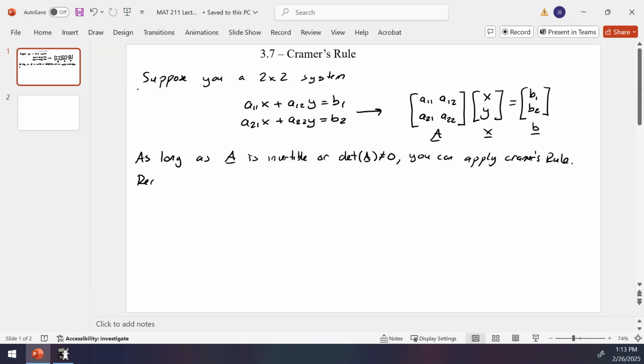So recall a 2x2 determinant of A is, so you can do vertical lines to represent your determinant, right? A11, A12, A21, A22. And so if you take the determinant, it's the top left times the bottom right minus, and very important, it is a minus, bottom left times top right.